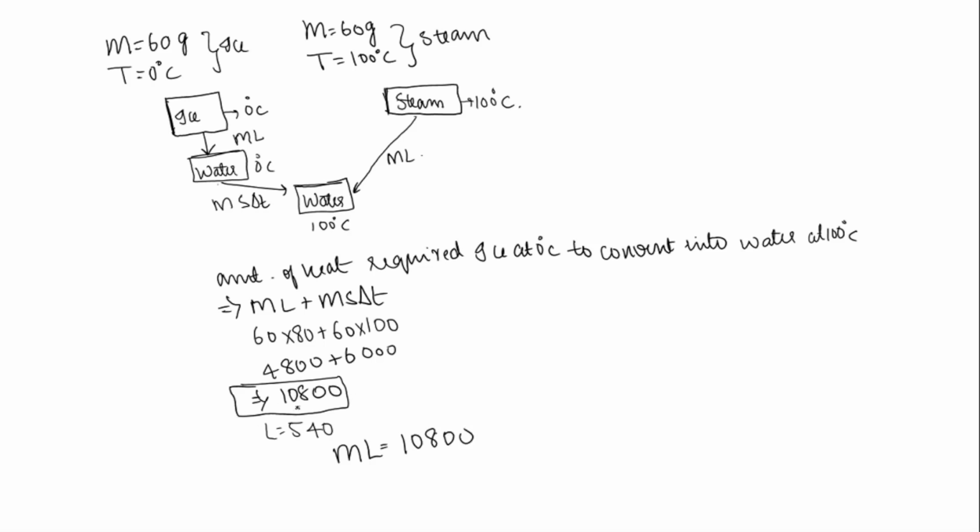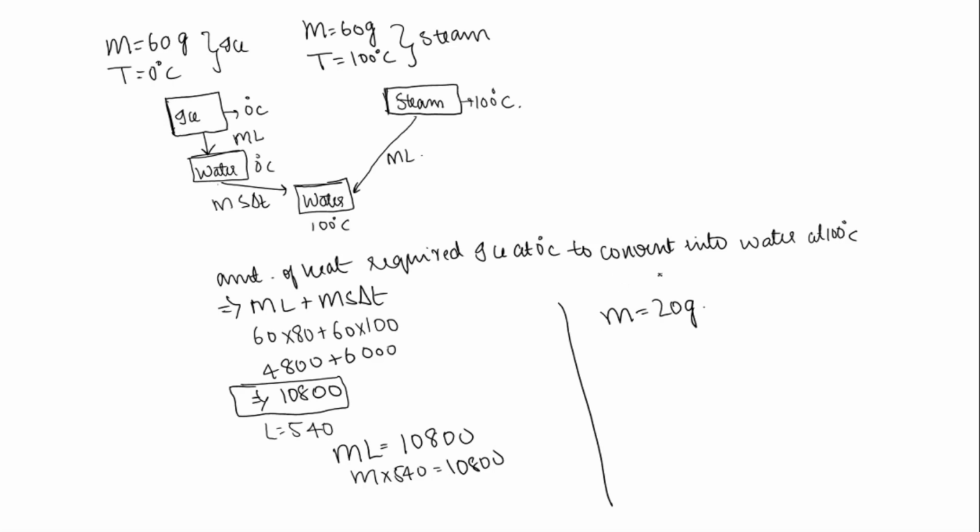This is the heat given by steam. So L we know, L is 540. This is equal to 10800. By calculating we get m is equal to 20 grams. So 20 grams of steam will get converted into water.